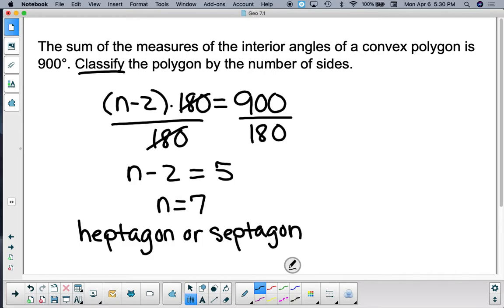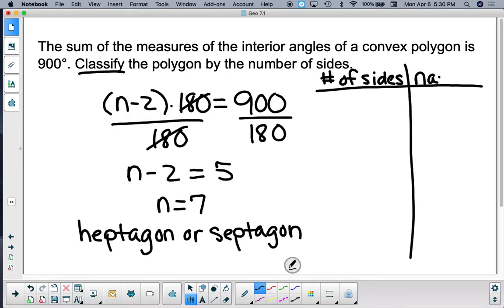So just a reminder here. I think we all know what a 3-sided figure is, but I'll do it anyway.